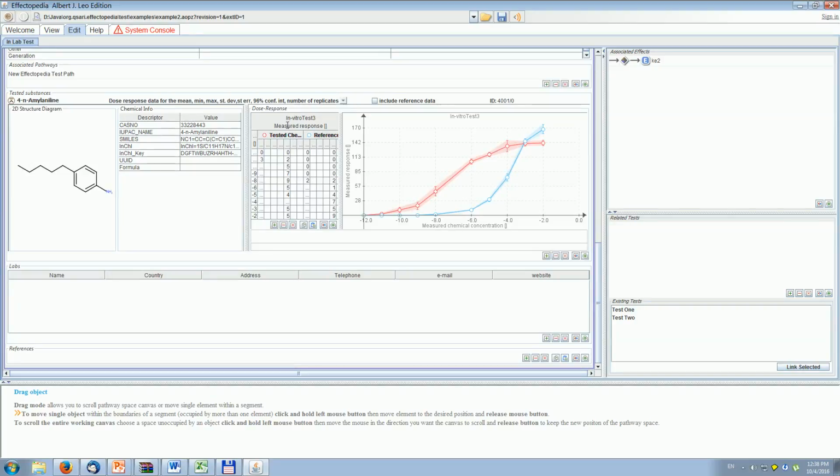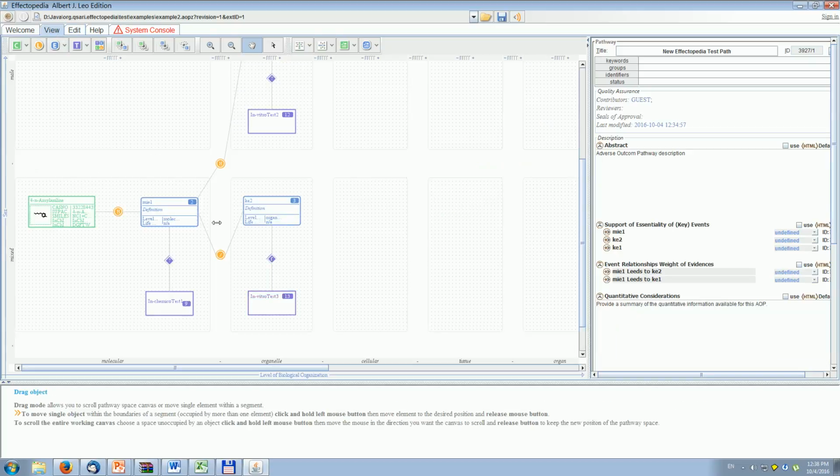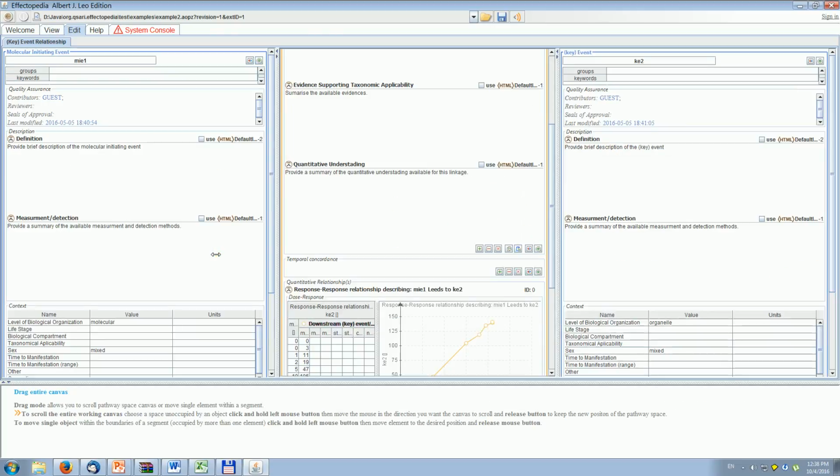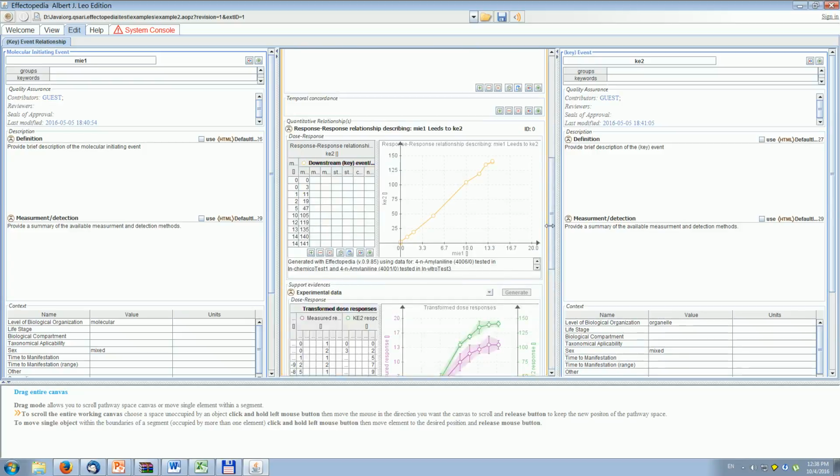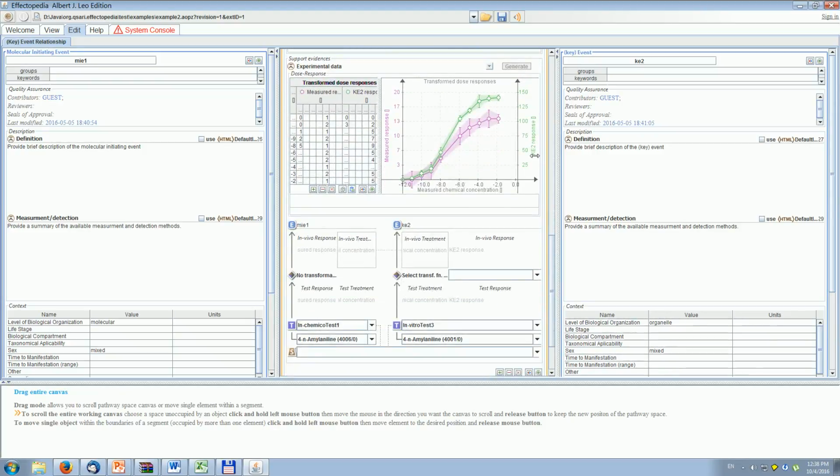So measured response to be key event 2 response. So if I go back here, we can see that the green one is the key event 2 response.